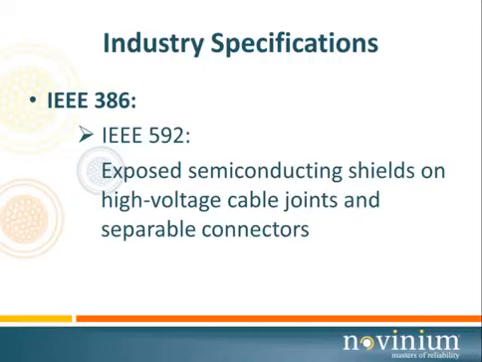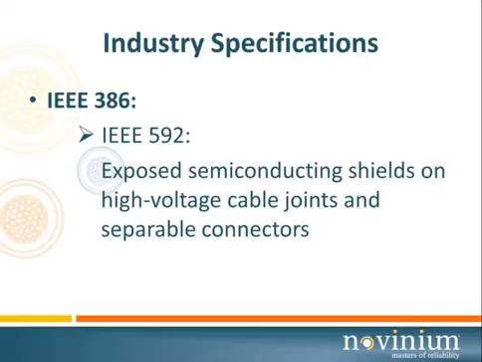Now, the value of IEEE 592 is it specifies what that semiconducting shield must do. Obviously, when an elbow is sitting out in the field energized and someone enters a manhole where one of these connectors is, and they accidentally touch the connector, we certainly don't want anybody getting hurt.